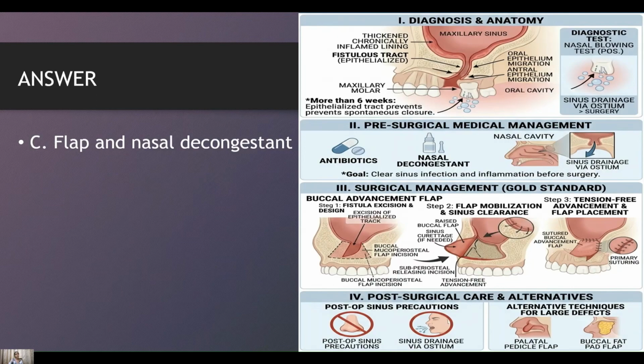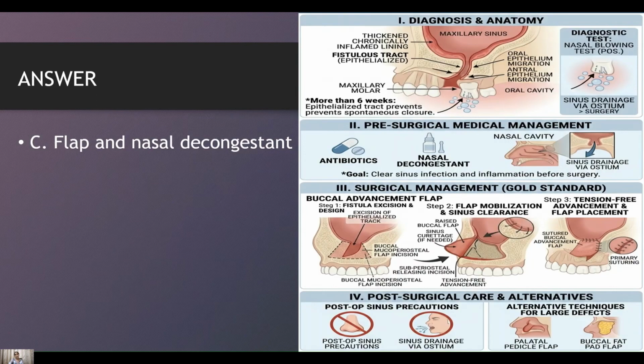The clinical gold standard here is creating a surgical tissue flap to physically close that communication, paired with nasal decongestants to keep the maxillary sinus clear, open and draining perfectly. So remember, if there is a chronic fistula, think right away about a surgical flap.